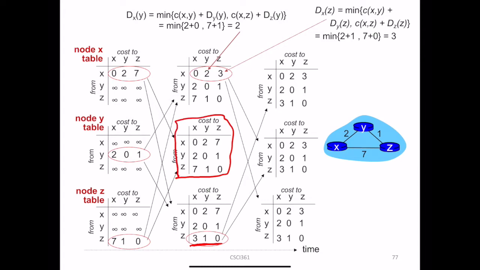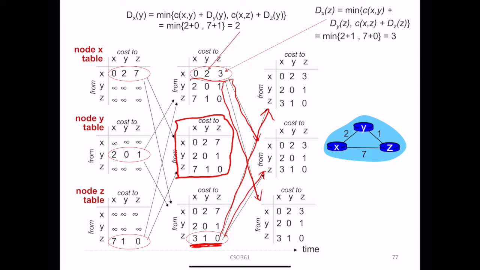Because node X and node Z have updated their distance vectors, they need to notify their neighbors. So node X will send this distance vector to neighbor Y, through this link, and then neighbor Z. The same thing for node Z: it will send the update to neighbor X and neighbor Y.